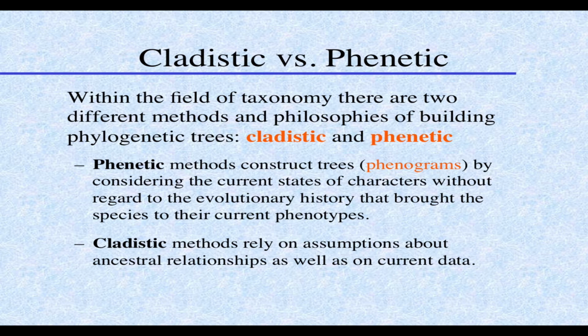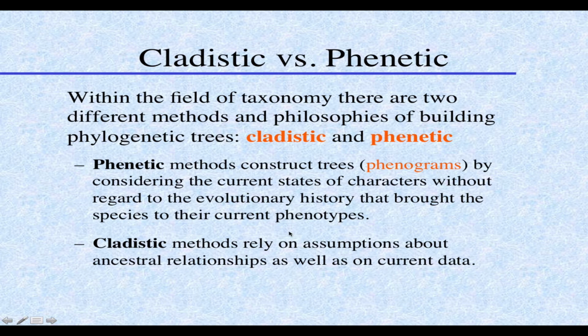The phenetic methods are more theoretically simple and easier to explain, and I will spend more time talking about them, and more of the molecular biology literature relies on those methods. More of the deeper evolutionary biology literature relies on cladistic methods.